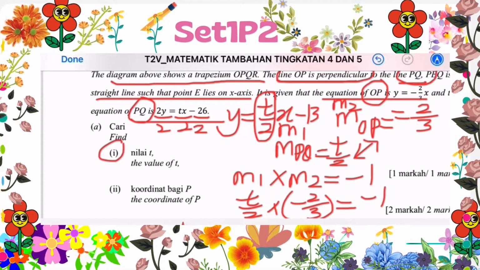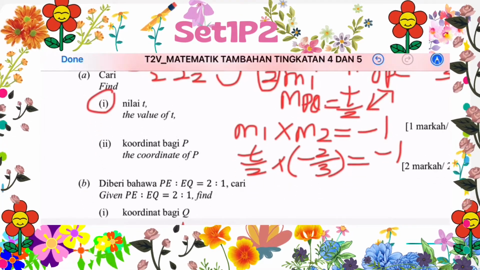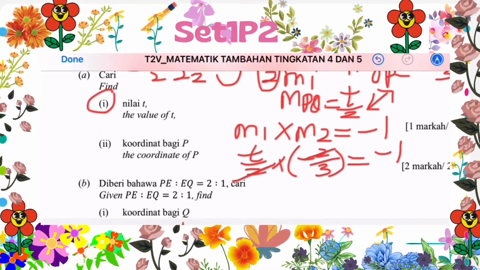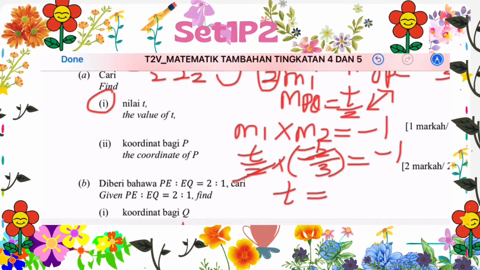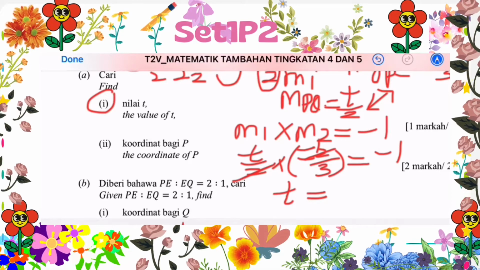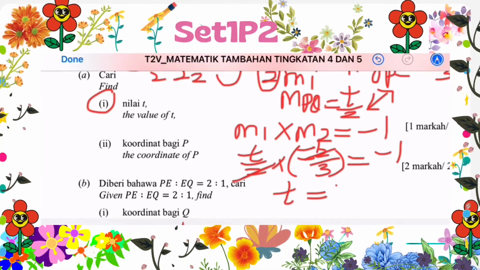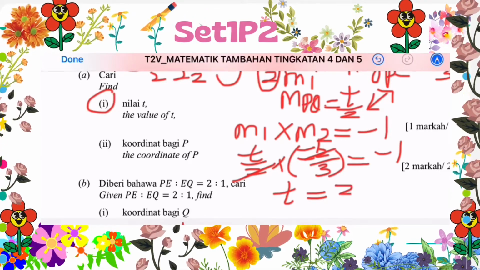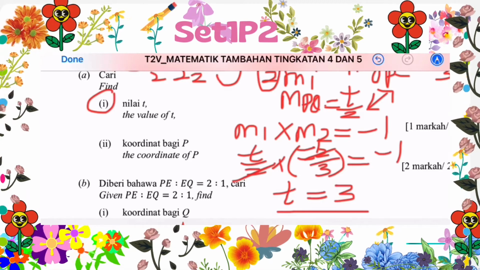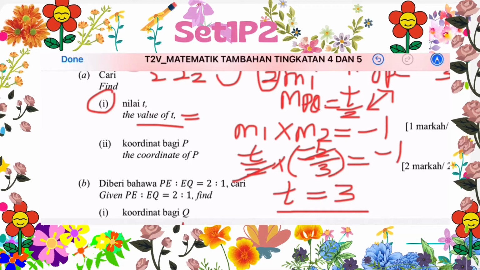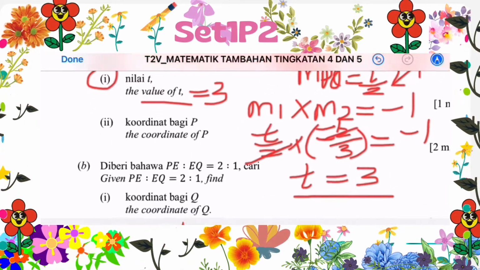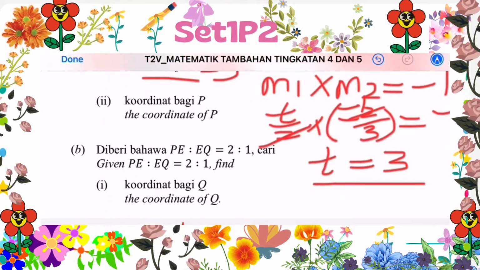Hence we can find the value of t. So this will simplify to negative 1, negative 3 times negative 1, so t will be 3. So the value of t is equal to 3 by using the concept of the gradient.